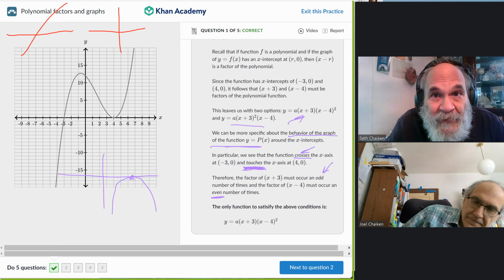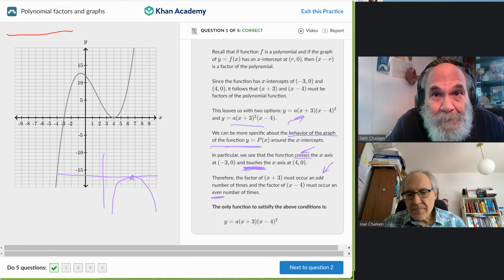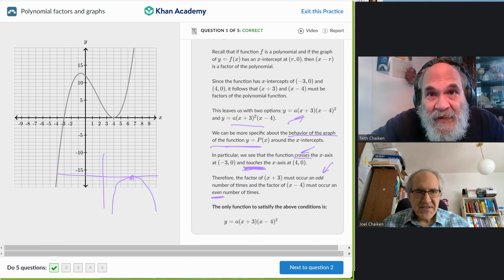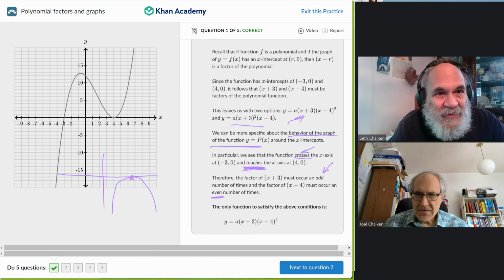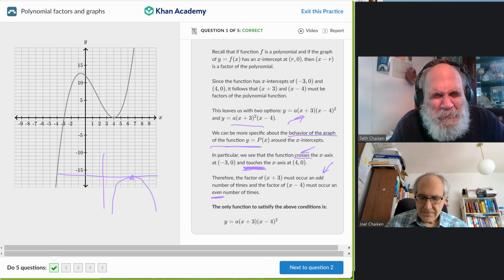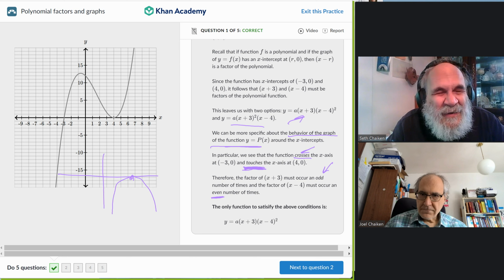Crosses and touches, those are two possibilities. But the other possibility, when you have a non-zero odd order root, is what's called an inflection point.